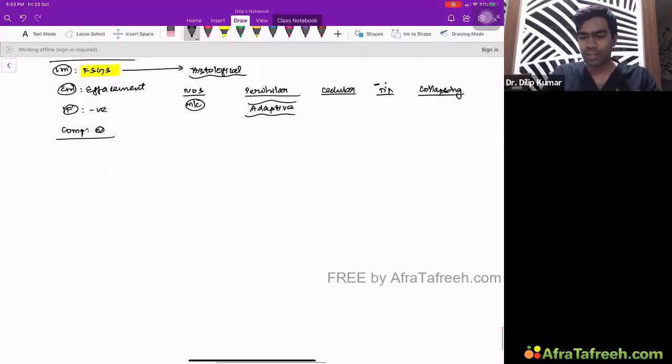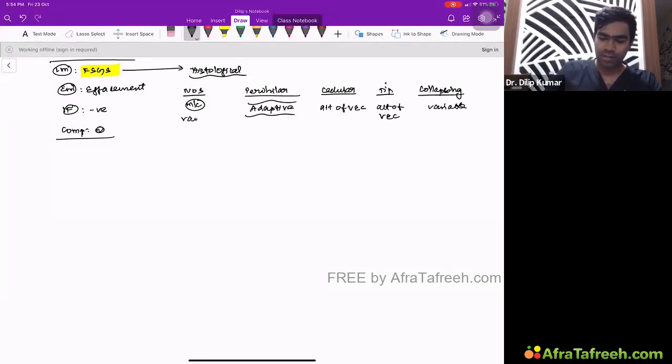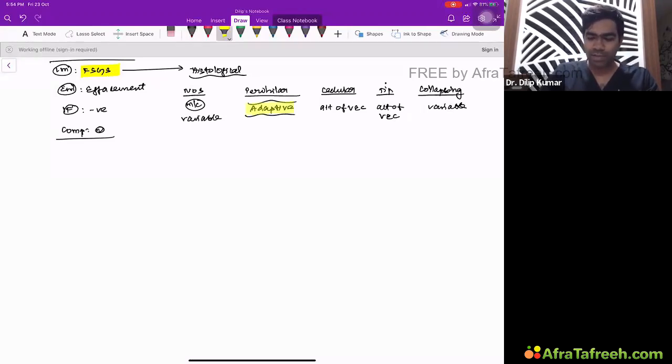And cellular type and tip variant will be usually due to alteration of VEC. And collapsing type and your NOS are basically variable. Clear? So if they ask you in an exam, the classic example of where you see adaptive FSGS, it will typically be a perihilar type of FSGS only. Clear?